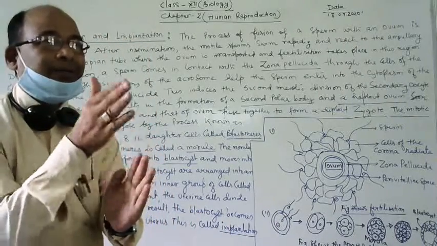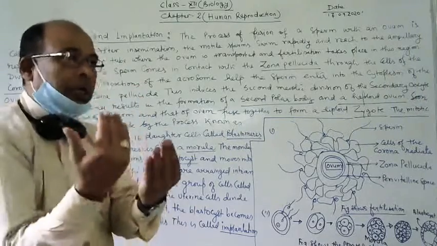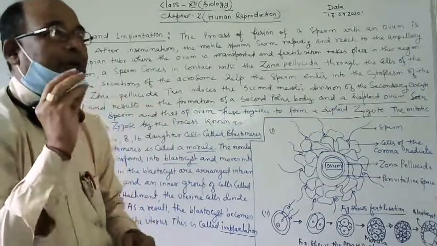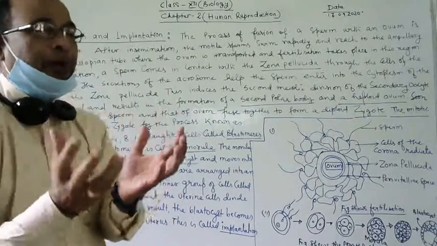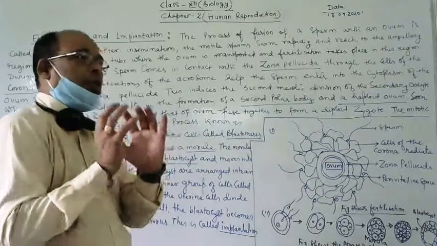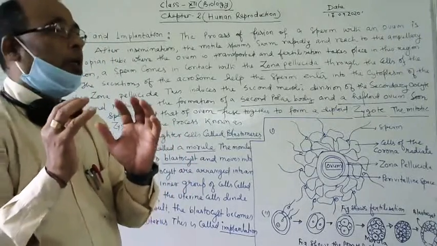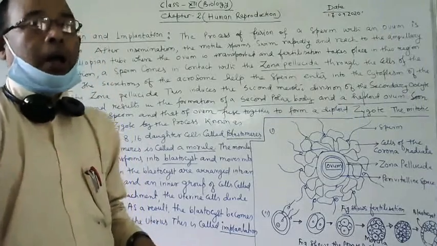If you cut an apple in different planes, you will obtain many pieces. Just imagine that the structure of the zygote is equivalent to the structure of an apple.